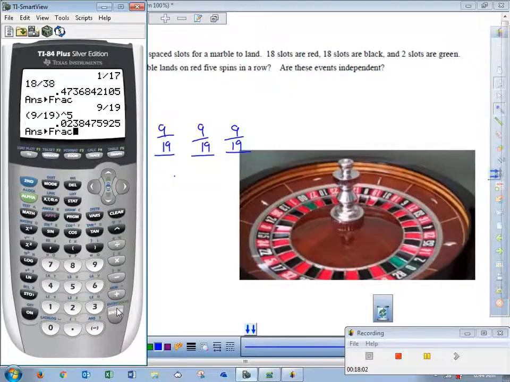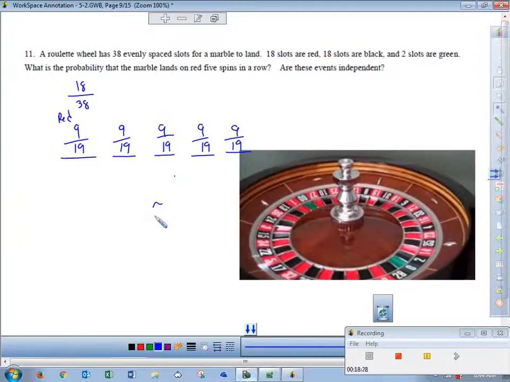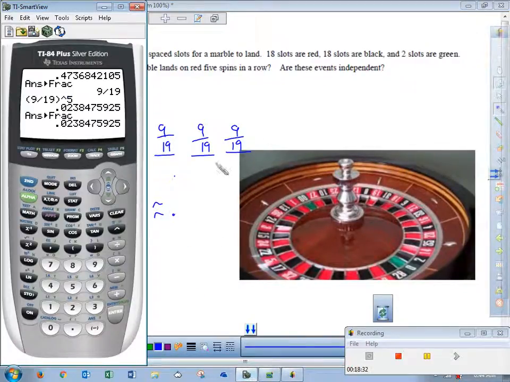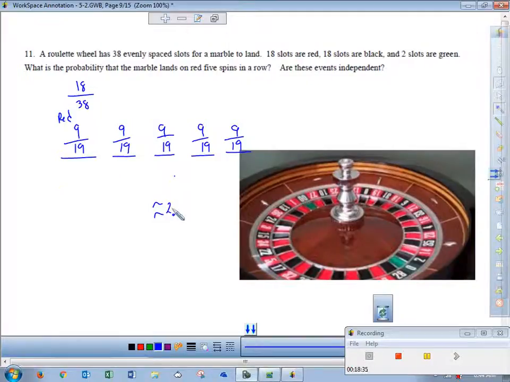So let's enter that and see if we get a cool answer. That would be about 0.24. Double check that. 2.4. Thank you. Percent chance. It is possible.